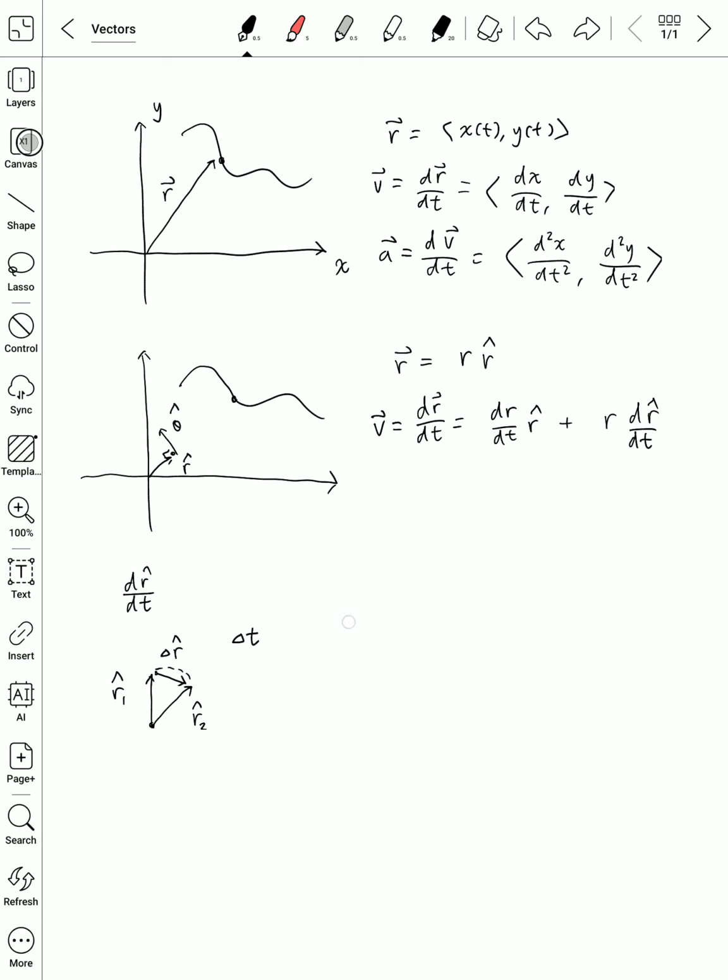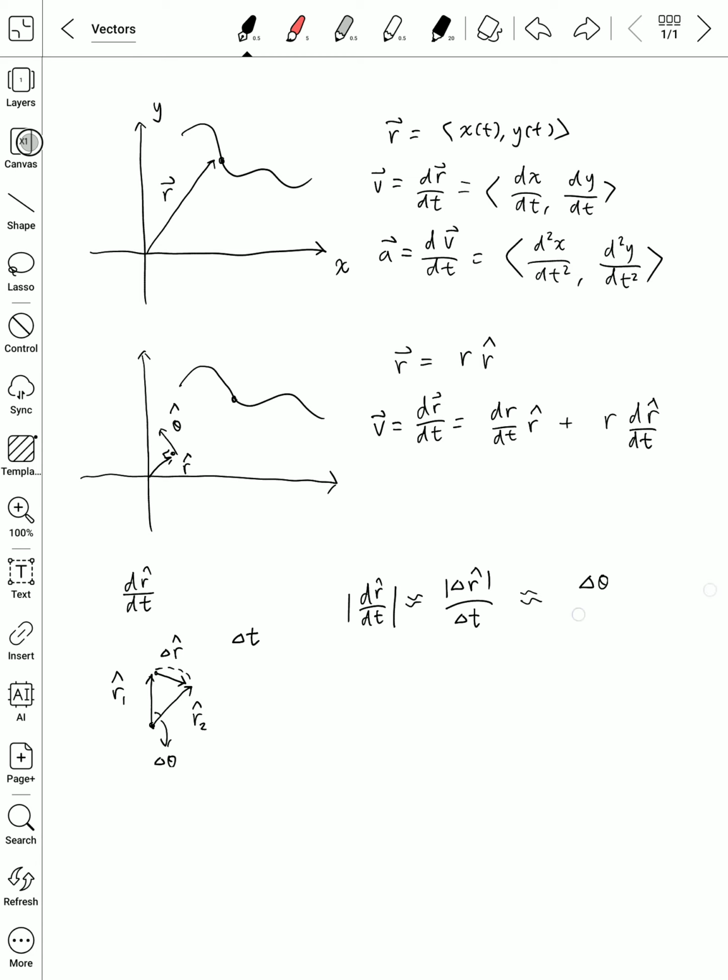Now, the magnitude of this would be equal to the magnitude of this over delta t. No, approximately equal. And then this is approximately equal to, since r hat is a unit vector, it has a magnitude of 1. So this thing approximately equals delta zeta. Alright, delta zeta is the angle.